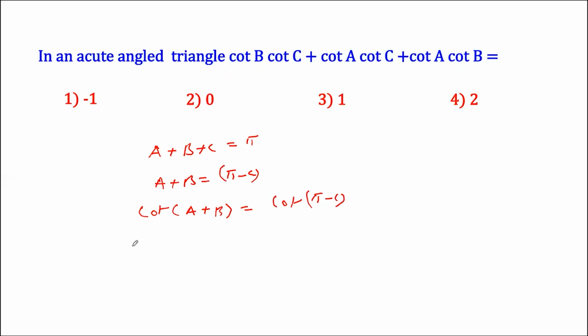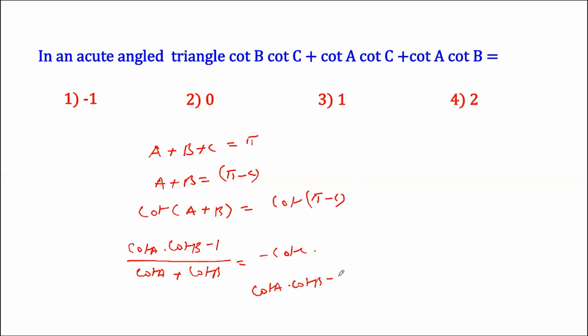Cot of A plus B, we know the formula: (cot A cot B minus 1) upon (cot A plus cot B) is equal to, as pi minus C is in the second quadrant, minus cot C. Cross multiply this, what I'm getting: cot A cot B minus 1 is equal to minus cot C cot A minus cot C cot B. Transfer these to the left side.